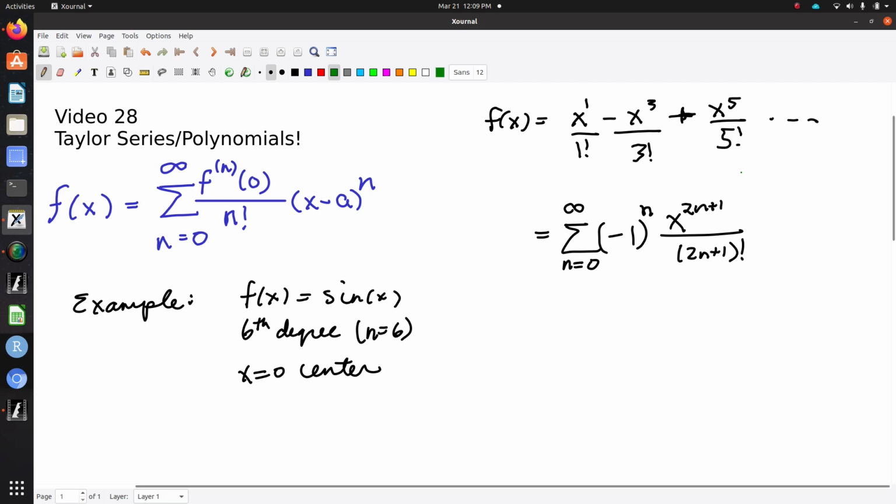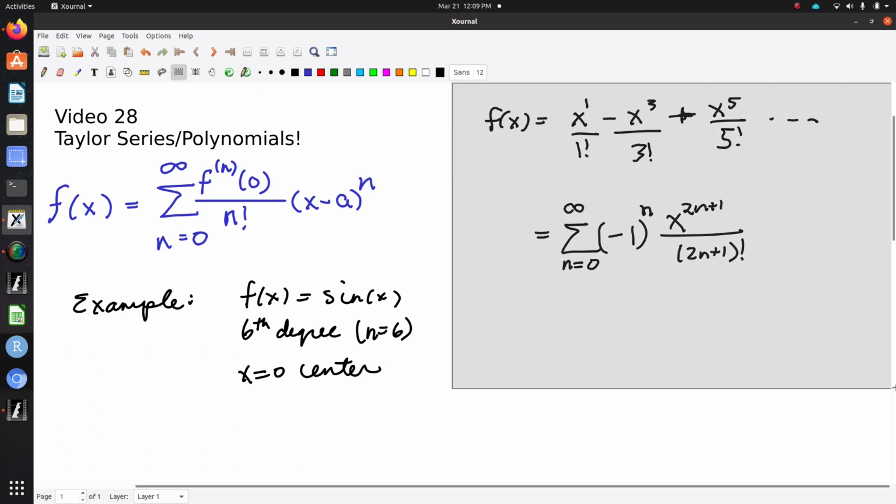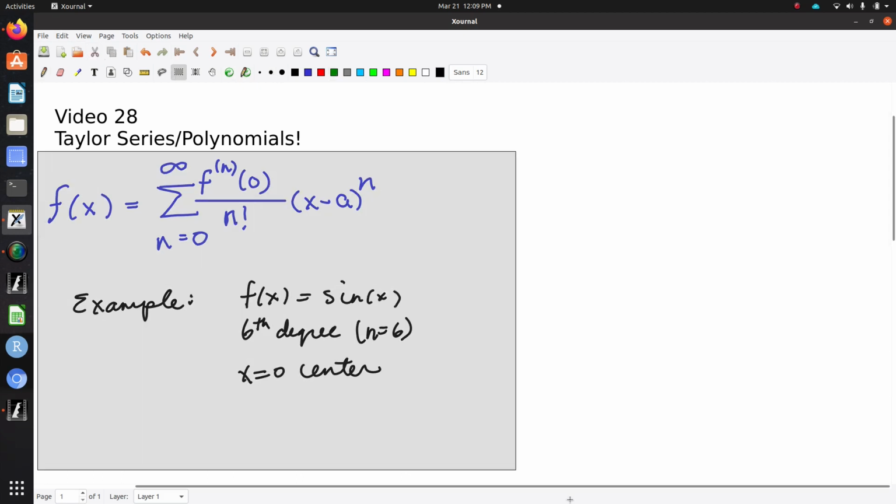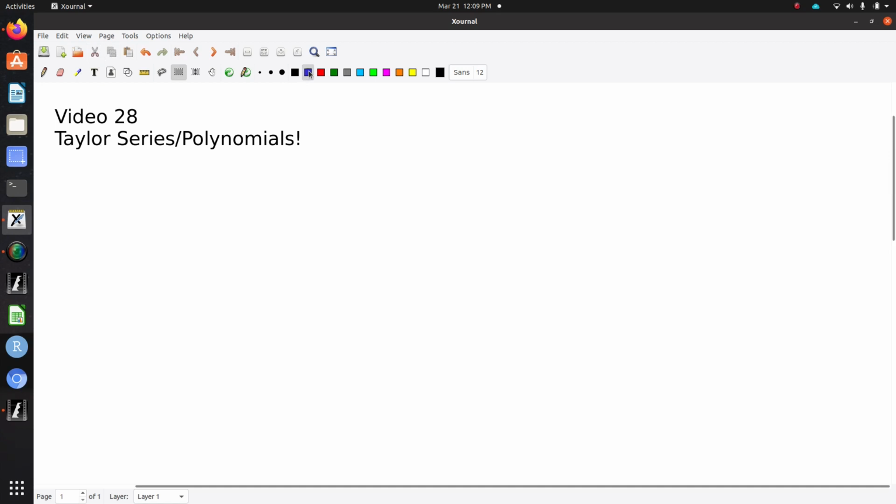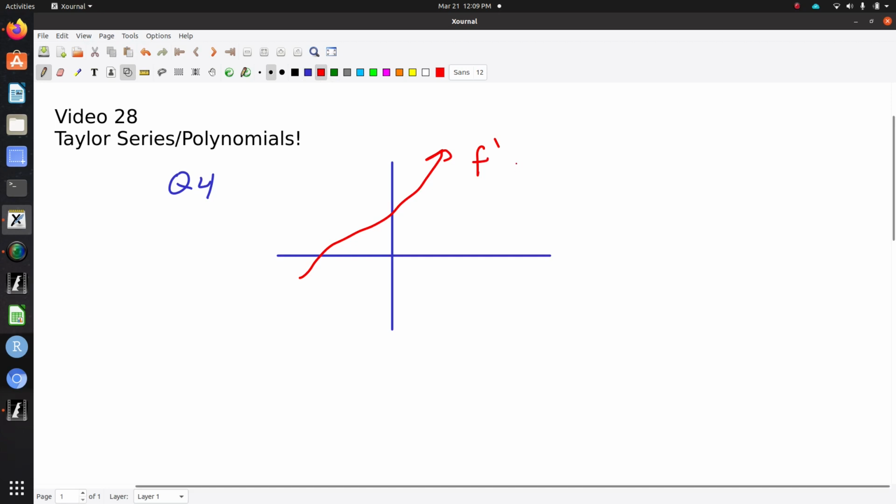Okay, you can do everything except possibly question 4 with all this information. I just want to give you a just-in-time hint for question 4. If you remember what we've been doing, it's actually a review, but I just want to make sure you're okay with that. So recall that f prime is positive when f is increasing, right?